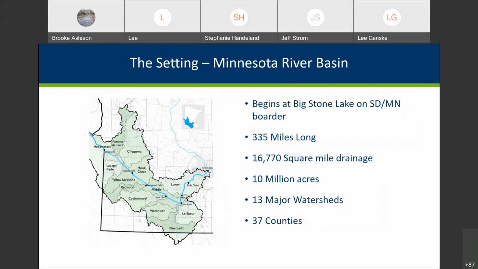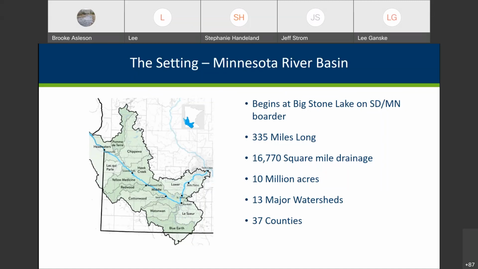And you can see it has a very large drainage area, a large portion of southwest Minnesota, approximately 16,800 square miles, covering 10 million acres. Also, there are 13 major watersheds. A lot of us that work in water quality know you break up the state into 80 watersheds based on the hydrology.